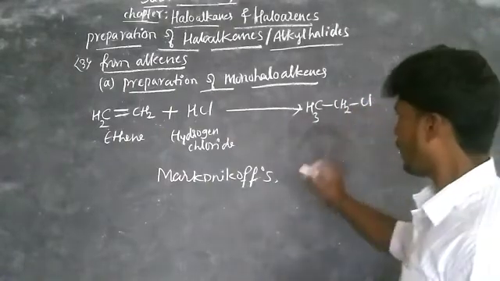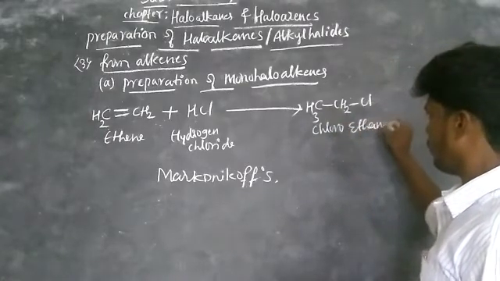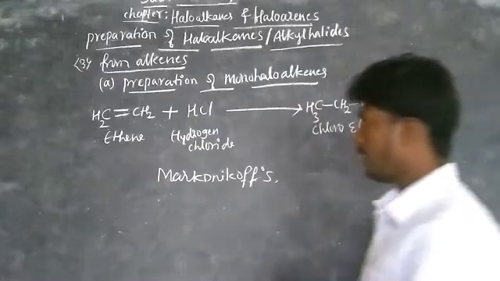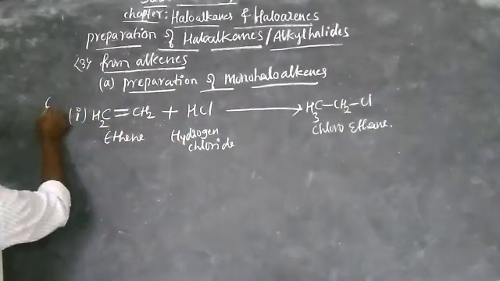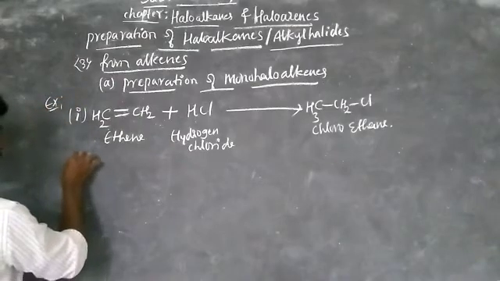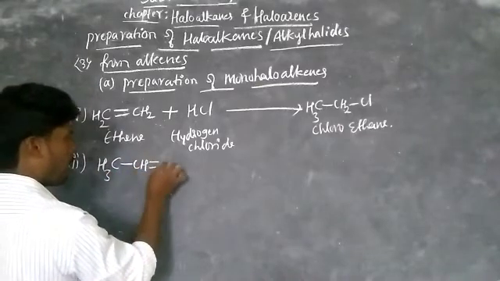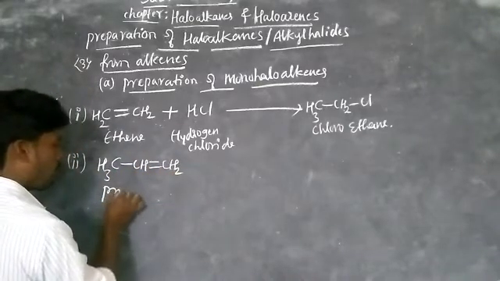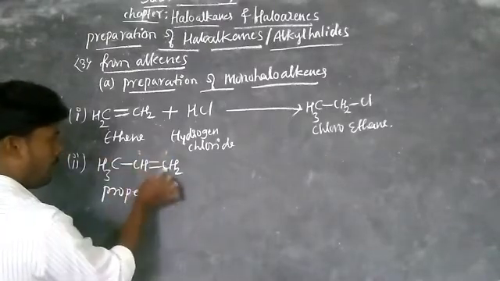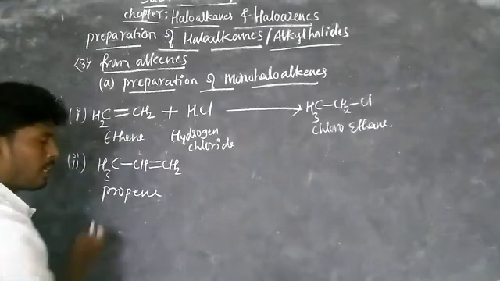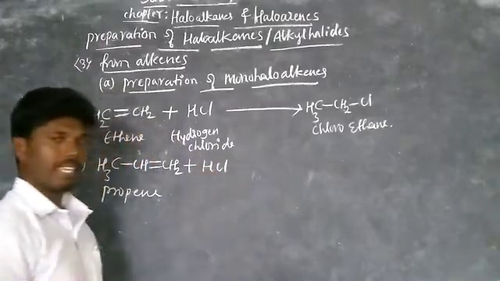Its name is chloroethane. Similarly, now observe one more example. If you take an unsymmetrical alkene, this is example 1. Take a second example, propene, CH3 bond CH double bond CH2. Propene has 1, 2, 3 carbon atoms, and the double bond is at the first carbon. Propene reacts with hydrogen chloride, HCl.